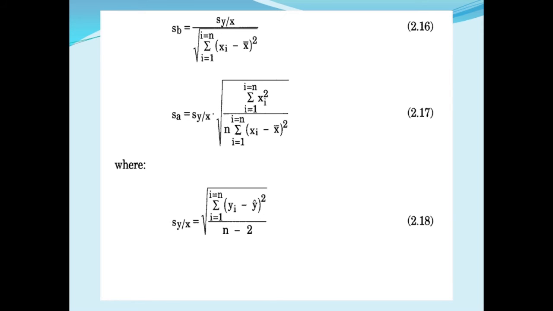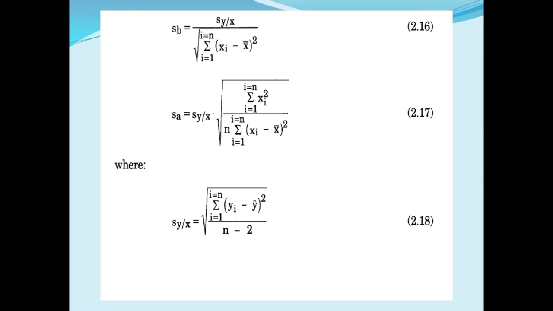For a perfect linear correlation between x and y, the value of each of the residuals will be 0. The confidence interval for the intercept and the slope may also be calculated.